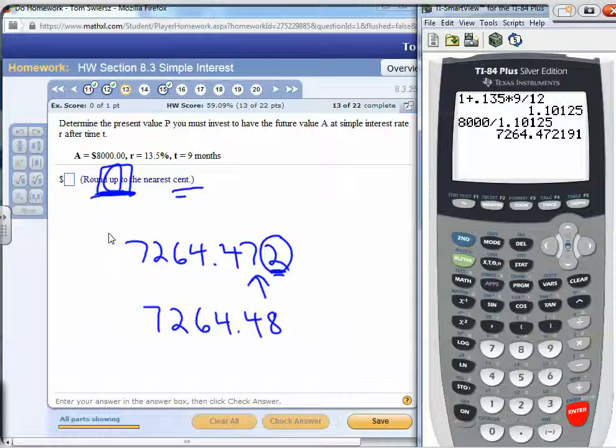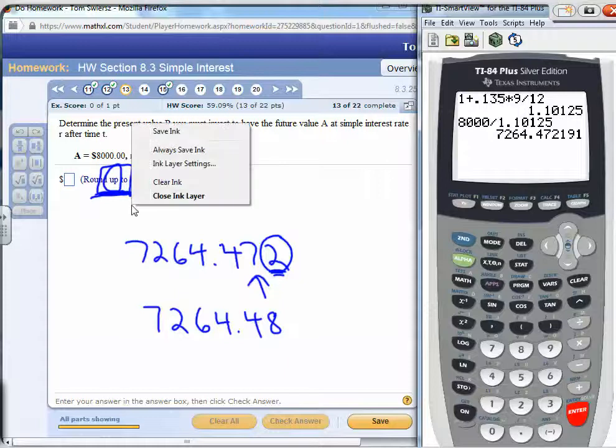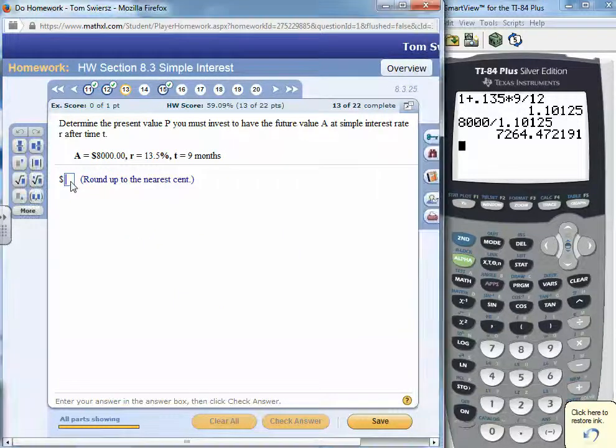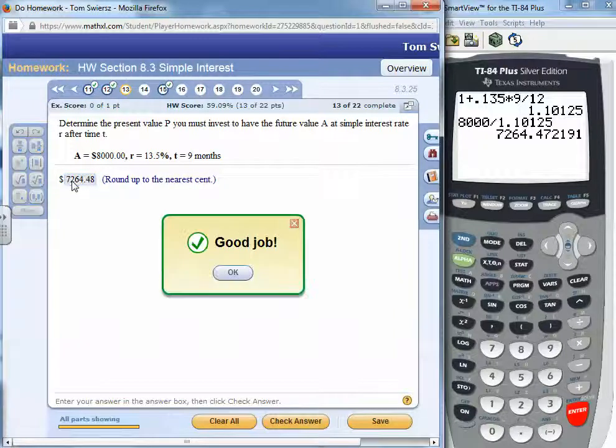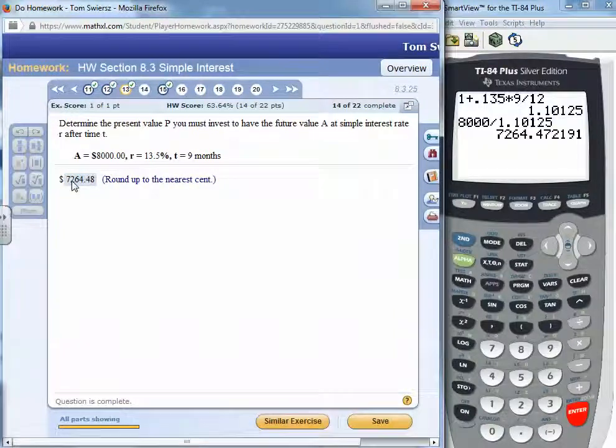All right, so that indeed is our final correct answer: $7,264.48.